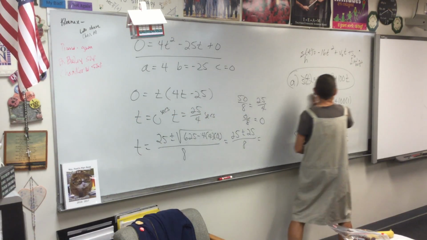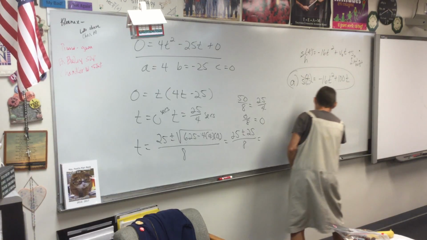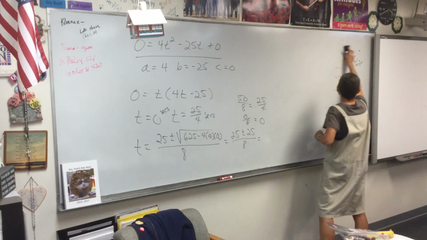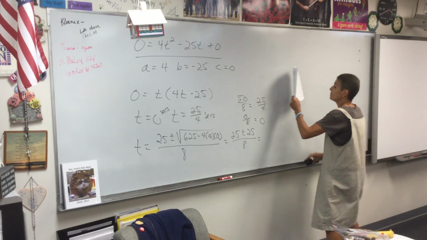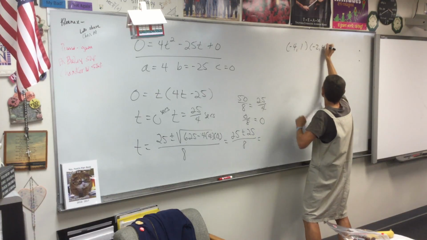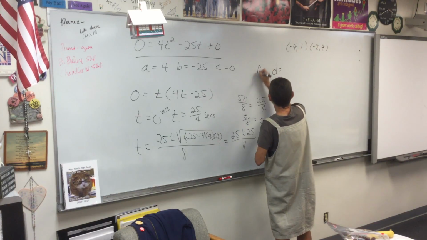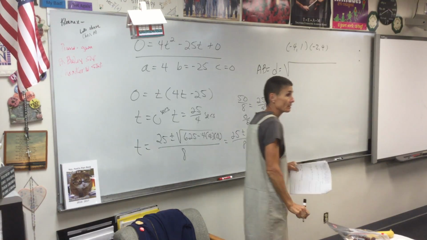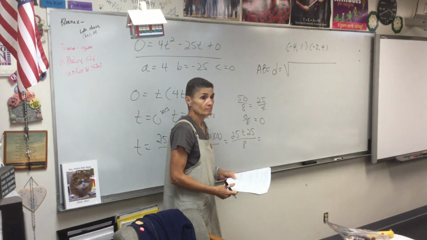All right, how do we find distance and midpoint? Here we go. First thing we learned, last thing on the test. Distance and midpoint. How do we do distance? It is the radical.